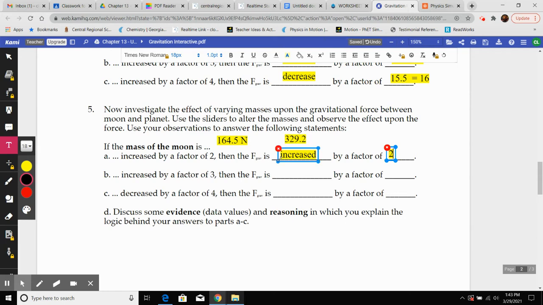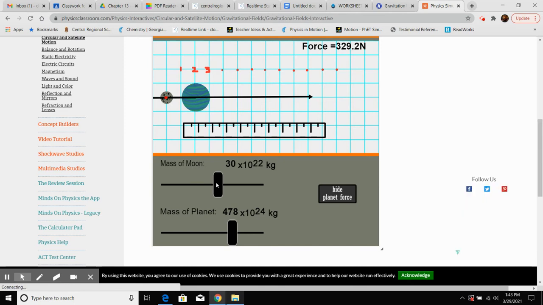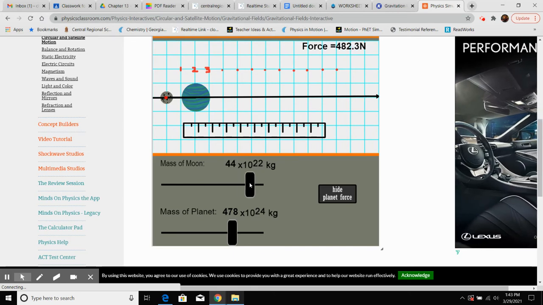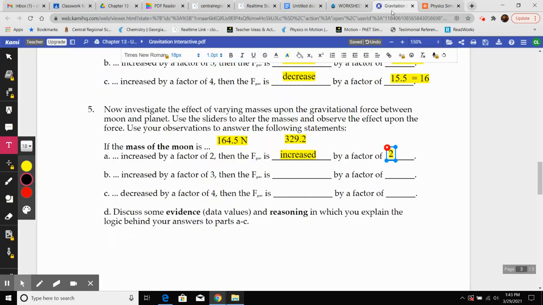Okay, now let's go from that 15 times 10 to the 22nd. If we doubled it, it was 30. So triple of 15 would be 45. So at 45, we're at 492.9. Just going to run it underneath here. 492.9.